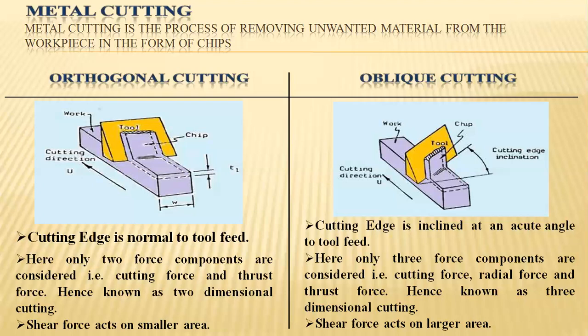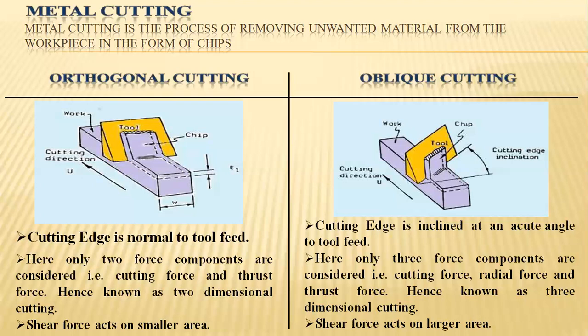So, in the case of orthogonal cutting, shear force acts on a small area. Shear force means the maximum forces occurring on the work part will change its dimensions from the original dimensions.